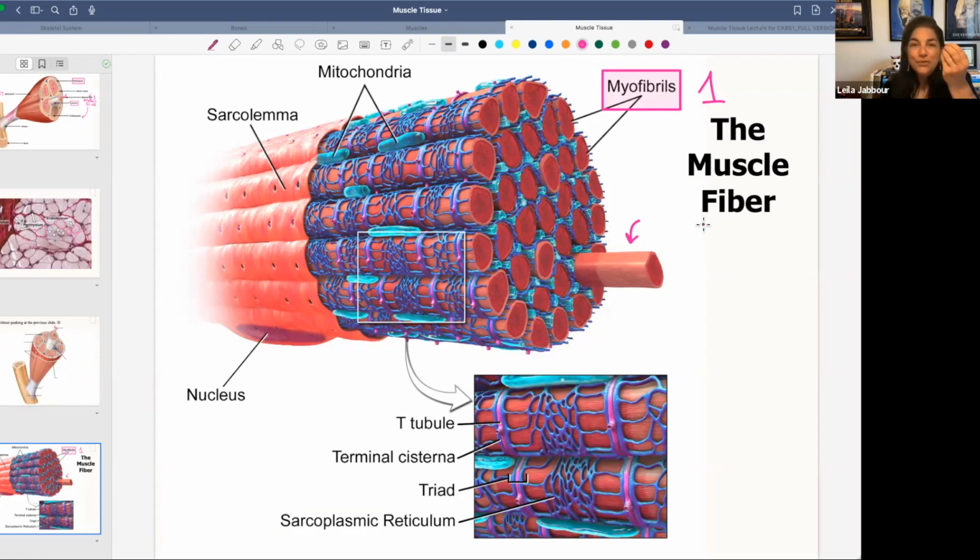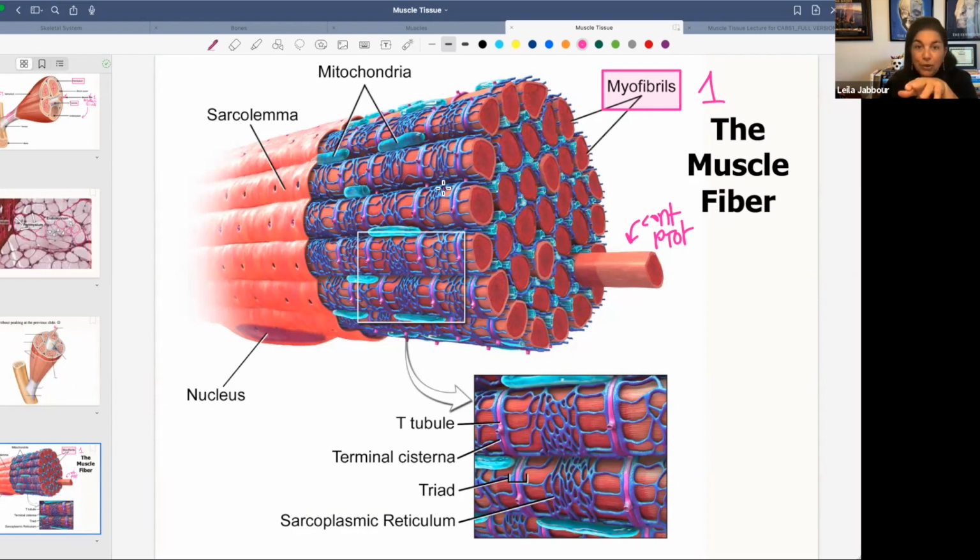These tubes are made of contractile proteins. Myofibrils are contractile proteins that are all bunched together, and we're going to get into the nitty-gritty of myofibrils in a second.